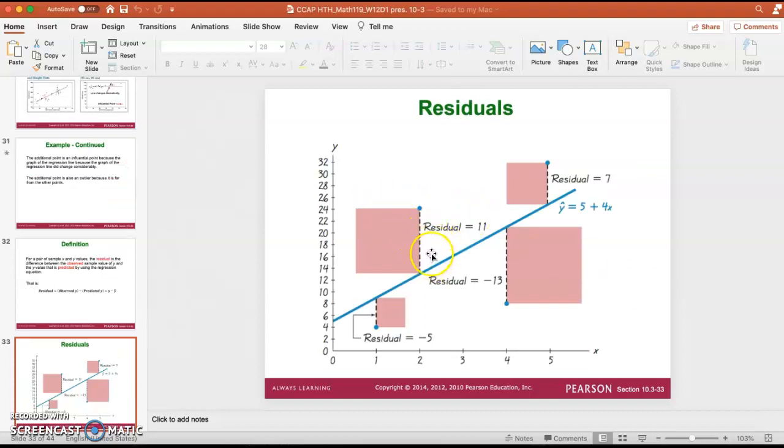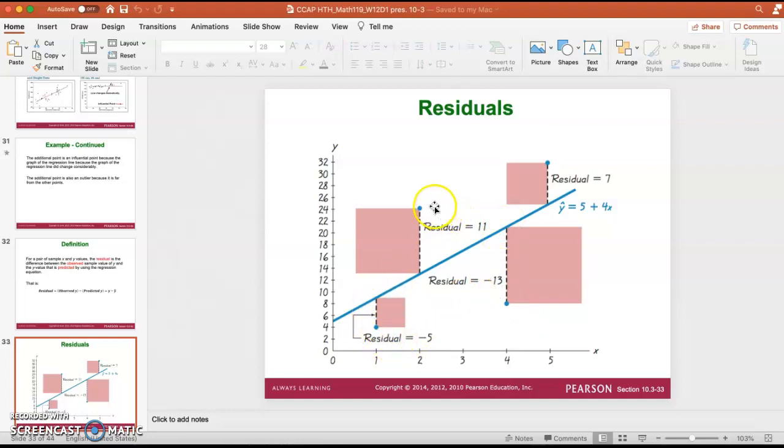And so the residuals, say for an example like this, where here's just a scatter plot of 4 points, and the regression equation could be y hat equals 5 plus 4x, but the actual points show the residual, or difference, with this actual point is 7, this actual point it's 11, this actual point is negative 13, and this actual point is negative 5.